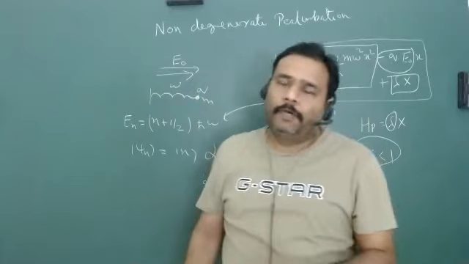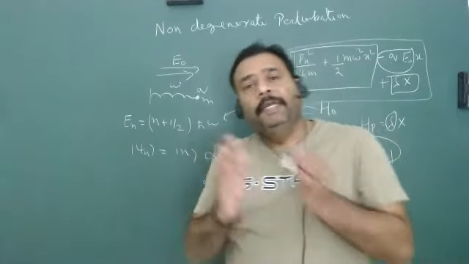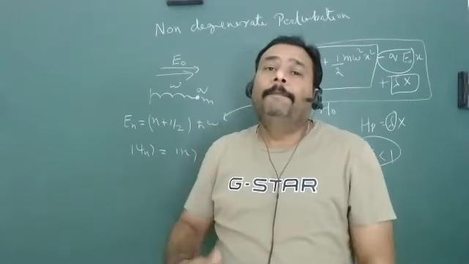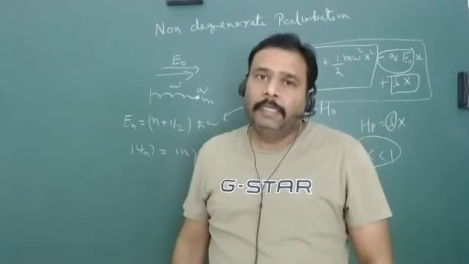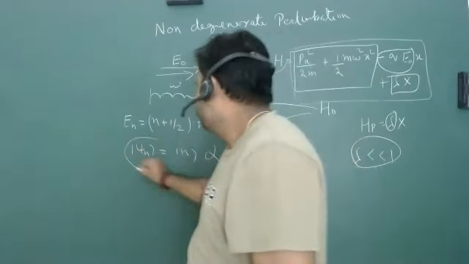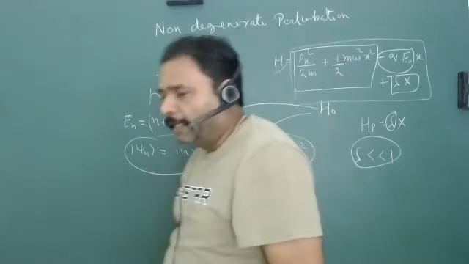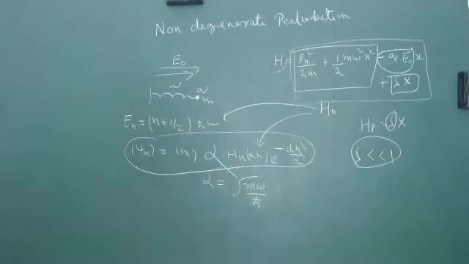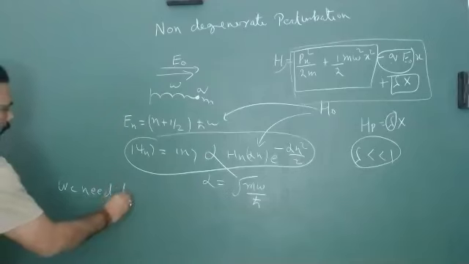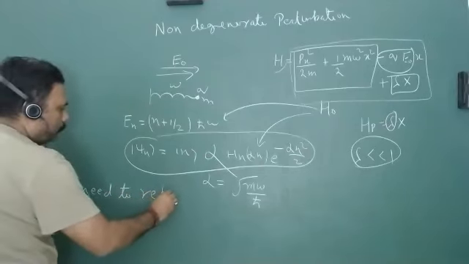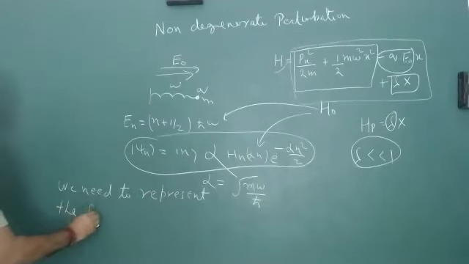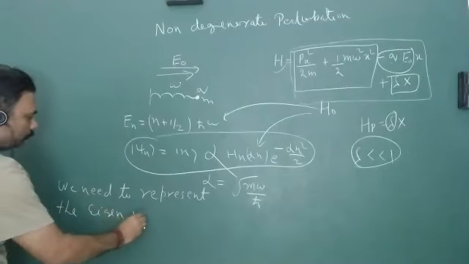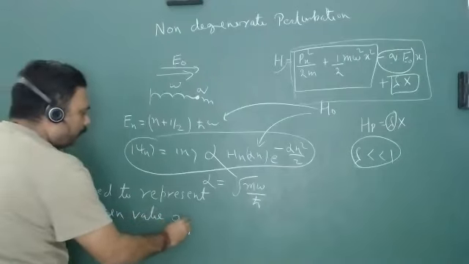And which type of solution do we want? I am saying my system must behave just like our original system. Means I can represent the whole solution in a basis of the original eigenfunctions. What is the main idea? The main idea is that we need to represent the eigenvalue and eigenfunction.